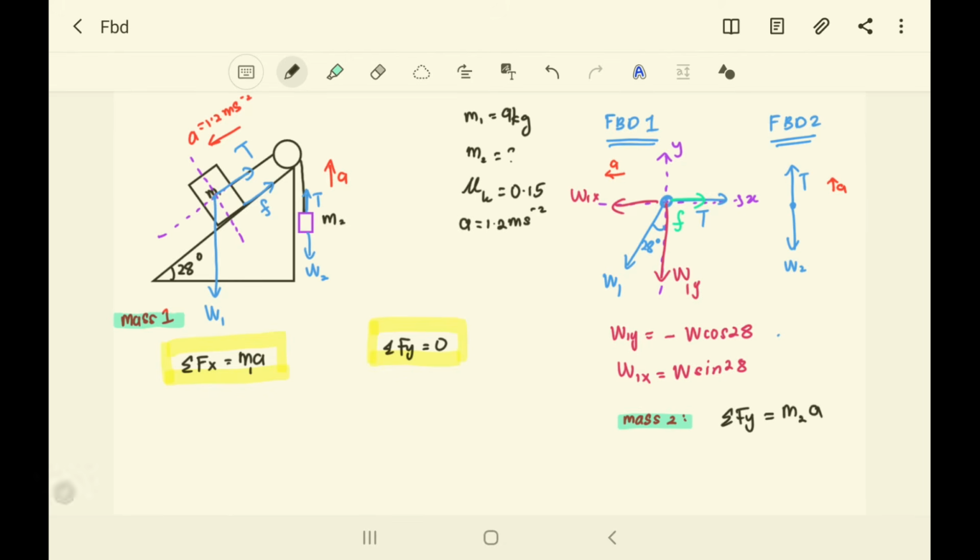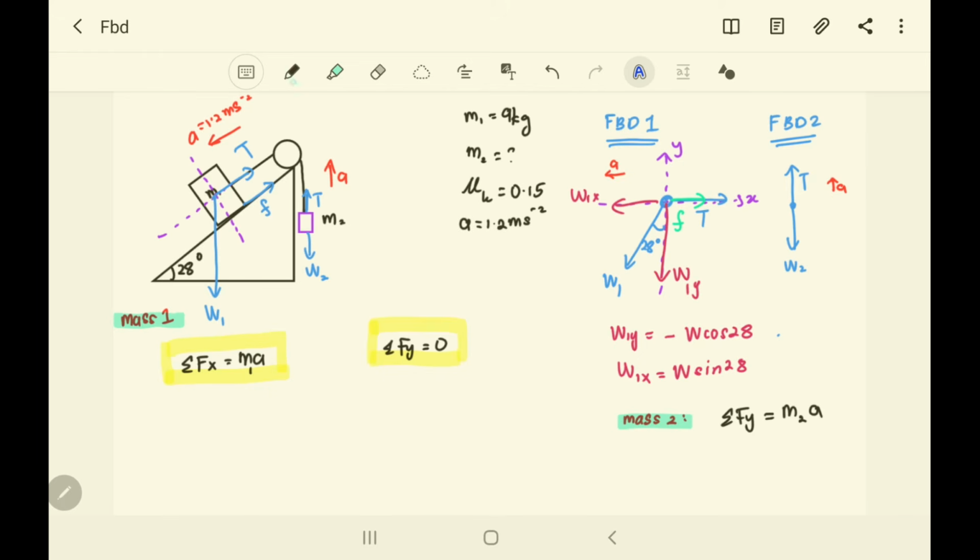Okay, so now look at the free body diagram. In x component for the first mass we have T, tension, frictional force, and Wx. Since the direction of Wx is the same direction with a, it should be positive.